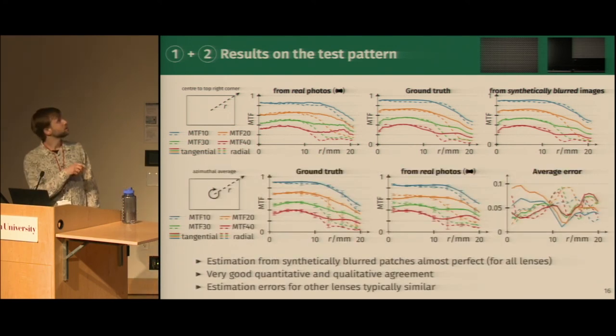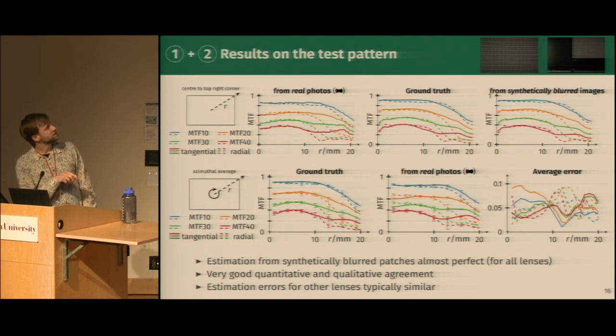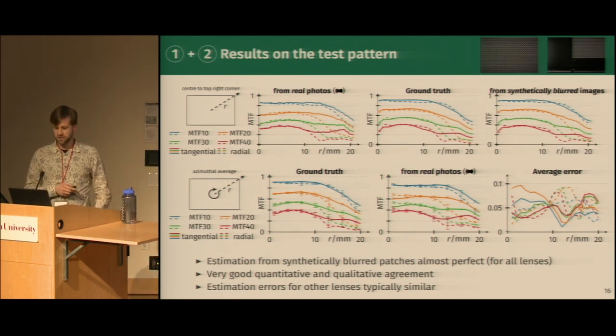Then in the second step, we don't just look from the center to the top right, but actually from the center in all different rays, and then average them over the angle. And again, here's the ground truth and the prediction from our model, and then here I also show the average error, which is typically below 10% of the maximum value. You see that it agrees qualitatively and also, we think, quantitatively quite well, although there are some discrepancies.